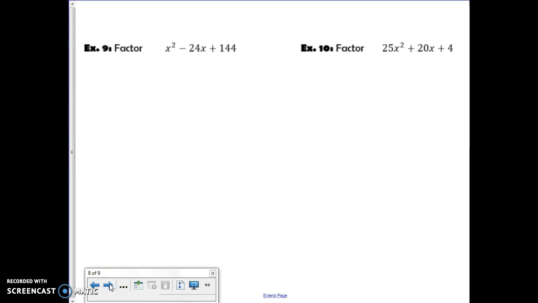Alright, a couple more examples. x squared minus 24x plus 144. Same thing. We're going to start by factoring this. So 1 and 144, 2 and blah, 3 and blah. These you could definitely figure out, and if you'd like to, go through and listen.